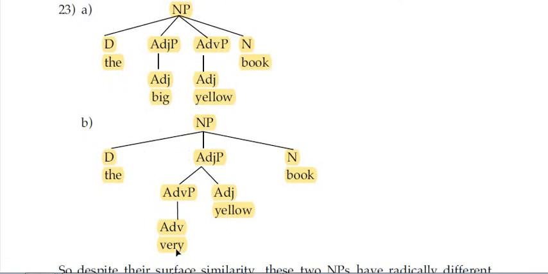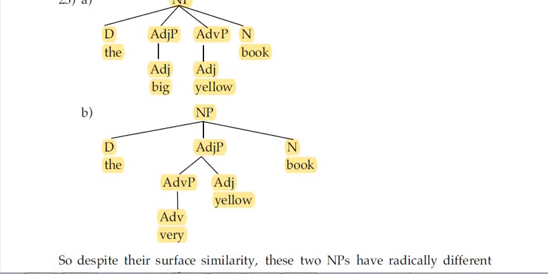It means that very modifies yellow. Big does not modify yellow. Jadi big di sini tidak menjadi modifiernya yellow, but directly big modifies book. Tapi very ini modifiernya yellow, bukan modifiernya book, because it is impossible if we say very book. So that's why you have to know how to draw the trees.